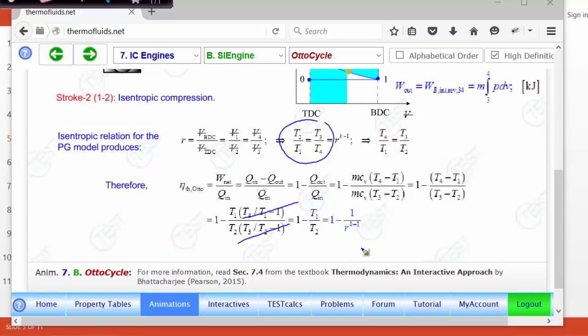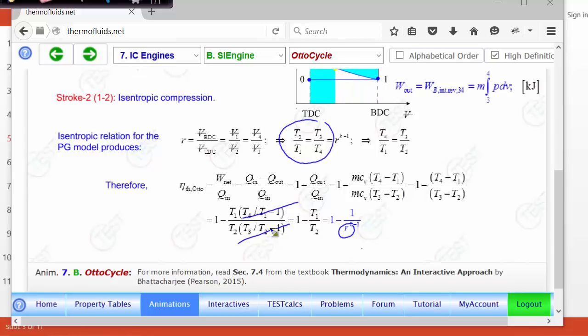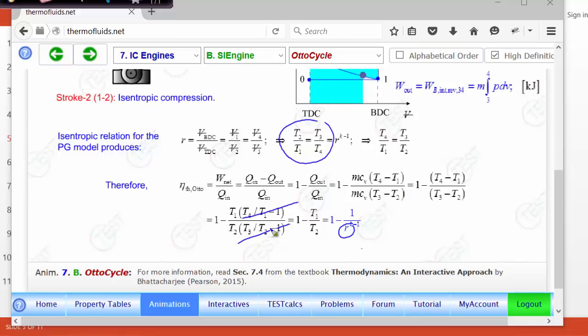We'll solve a simple problem, verify it with a calculator, and numerically show that if we increase R, the efficiency goes up as this formula suggests. And then we'll come back to the TS diagram and qualitatively try to predict why the efficiency should increase. And that will lead us to understand the diesel cycle, and why the diesel cycle is more efficient.